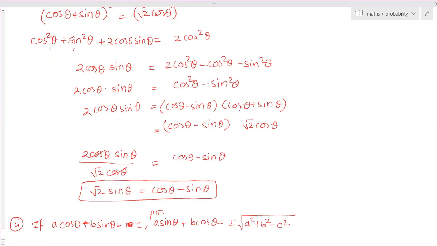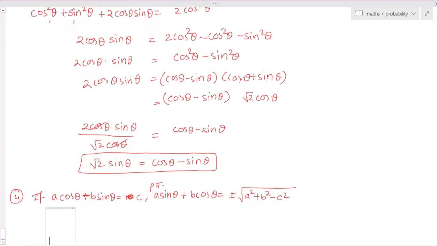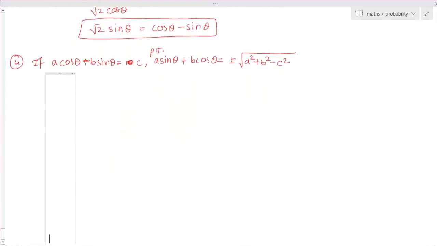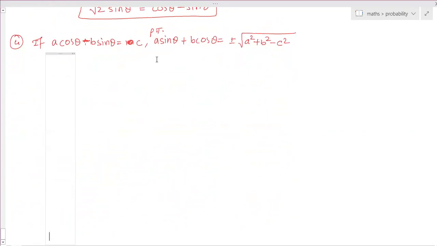Exactly the same, the first method you can use here. Consider the second term which you have to prove as equal to x, and find the value of x. Square this part plus square this part is equal to c square plus x square, and find the value of x square.